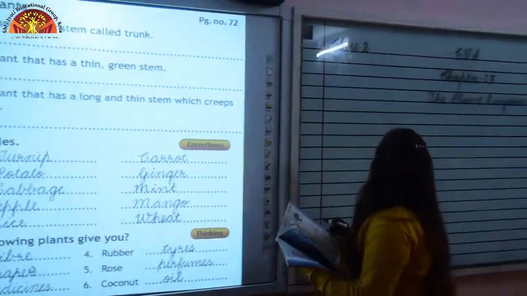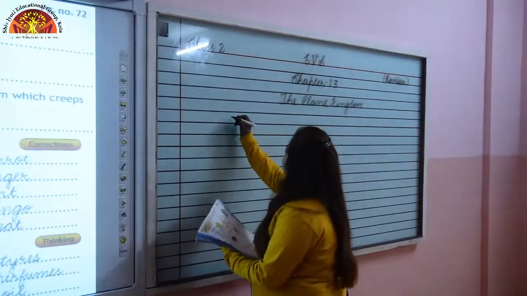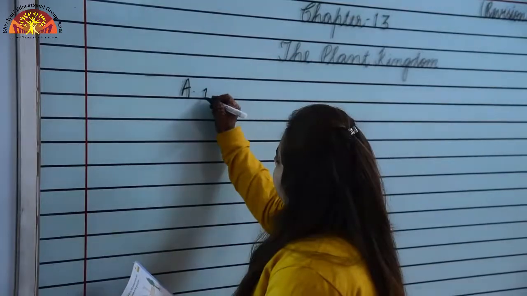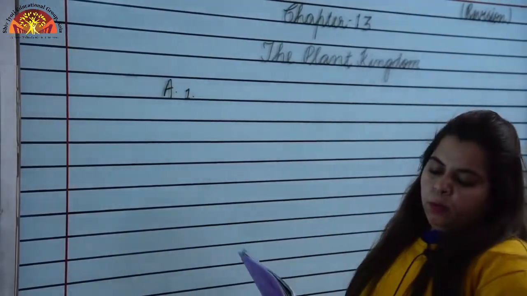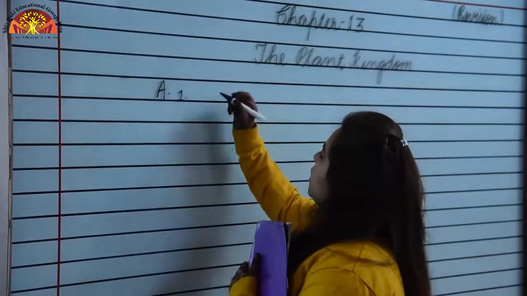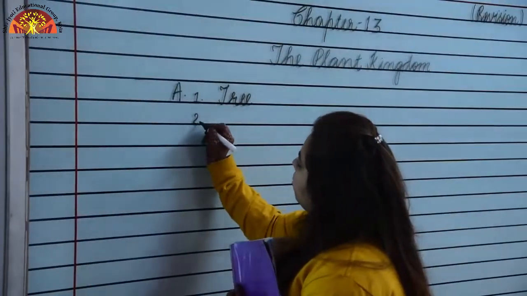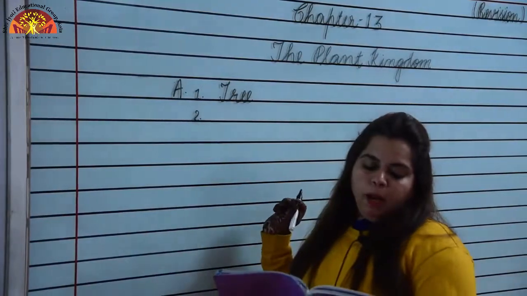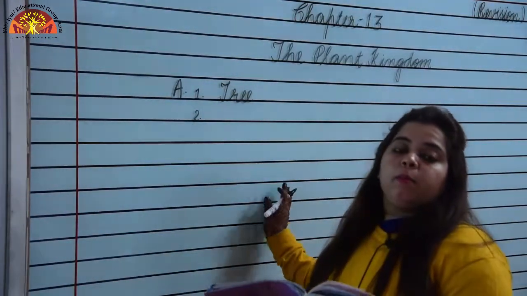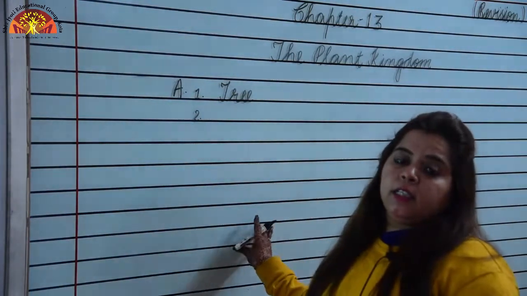Let's see. First, question A. First, it has a thick and woody stem called trunk. So, the answer is tree. T-R-E-E, tree. Number 2, it is a small plant that has a thin green stem. Now, which is a small plant that has a thin green stem?